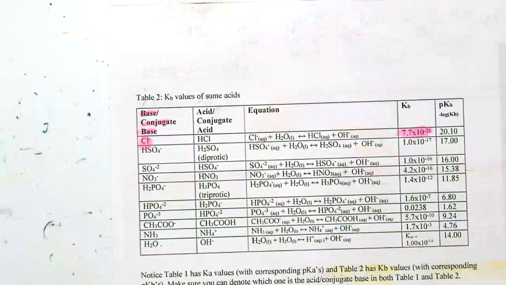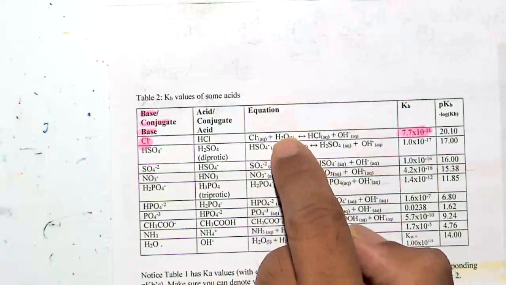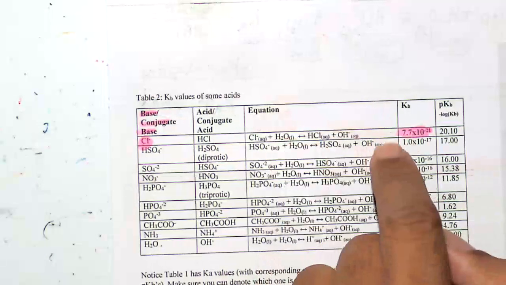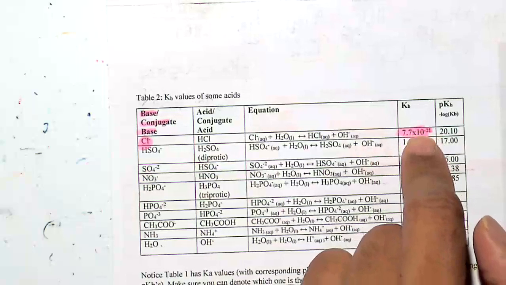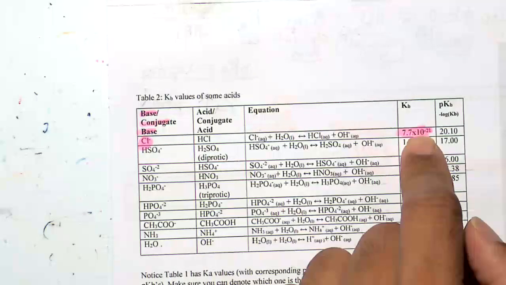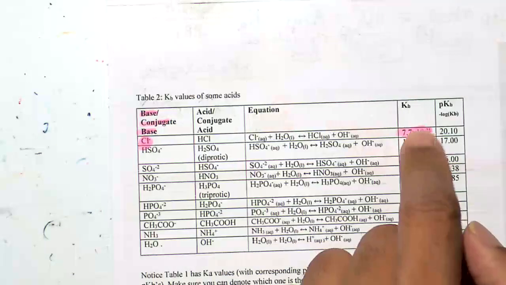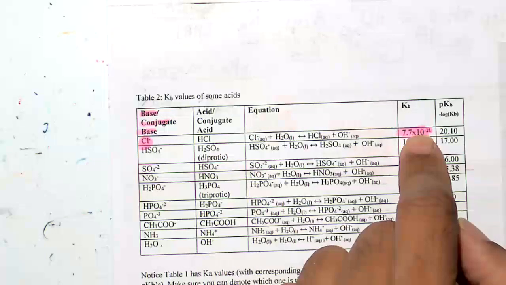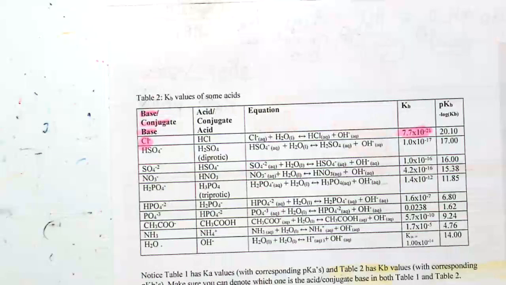No. That number is very small. So will chloride ion give you OH minus in water? Is it good? No. Why is it not good? The value of this Kb is just so small. What's a good base here then?